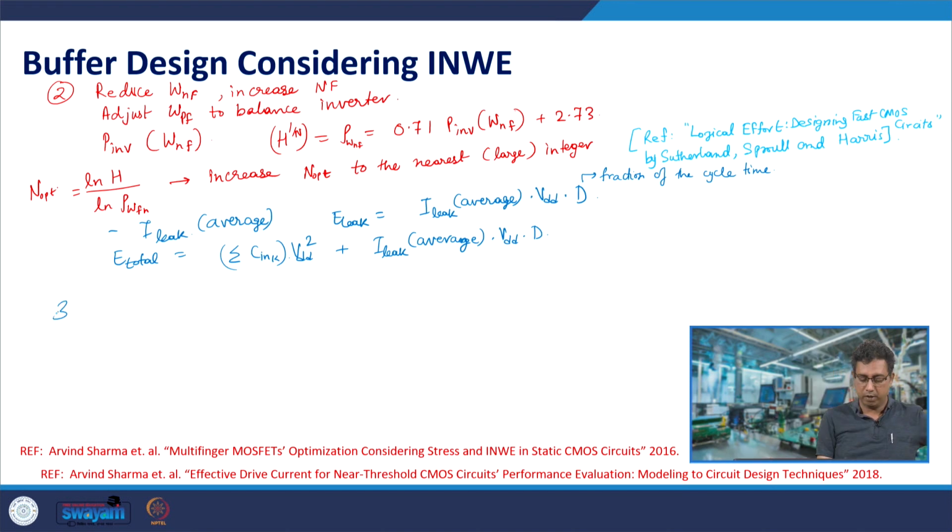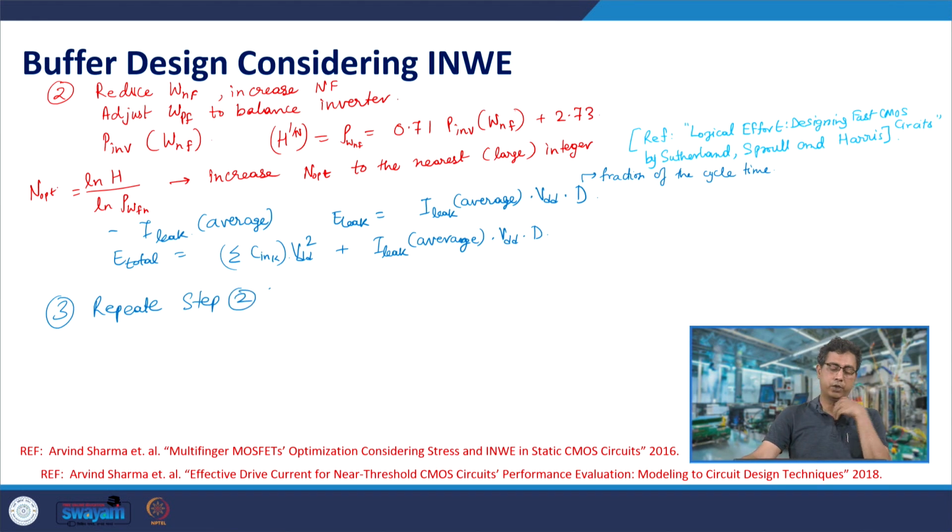Now, in the third step, repeat step 2, that is, reduce the finger width of the N MOSFET, that is, increase the number of fingers, and therefore adjust the finger width of the P MOSFET so that the inverter is balanced. Obtain the parasitic delay of the inverter for these values of WNF and WPF, obtain the optimum number of stages, and for that, obtain the total delay of the buffer.